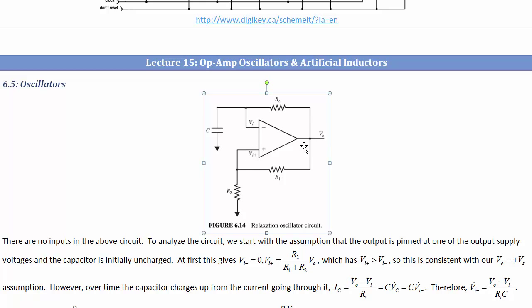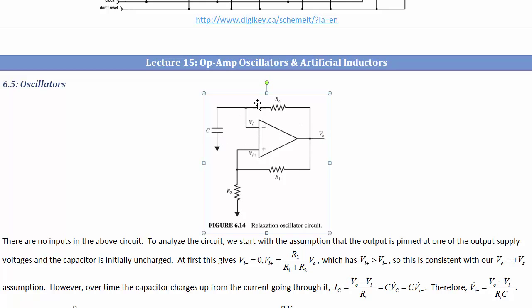This is pinned at positive Vs, and this is 0. Which means voltage divider for here, we've got a positive number, so we've got positive feedback in this situation. If the output is at positive Vs, then it stays pinned there. But what happens over here?